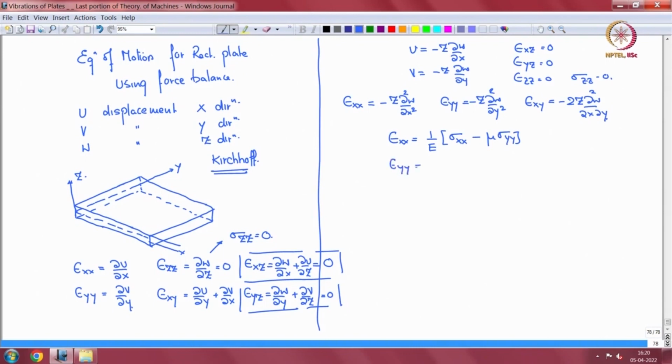Epsilon yy is 1 over E, sigma yy minus mu sigma xx, and epsilon xy, the shear strain, is sigma xy by G. Okay.